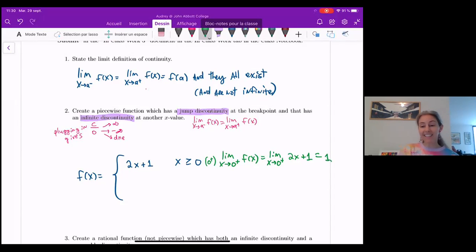So then all I need to have happening here is that on the other side, I need for it to not equal 1. So on the other side, I'm going to have x less than 0.